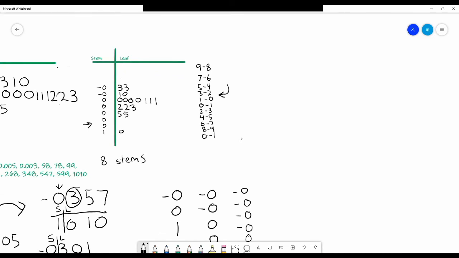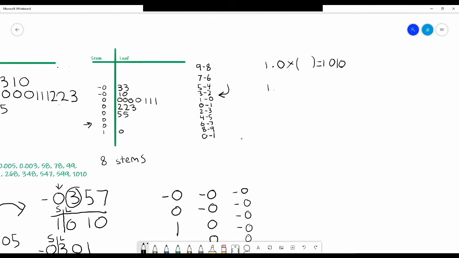So let's take our maximum of 1.0. 1.0 was originally the number 1010. That's the original data that gave rise to our point in the stem and leaf plot. So what did we need to multiply 1.0 by to get to 1010?